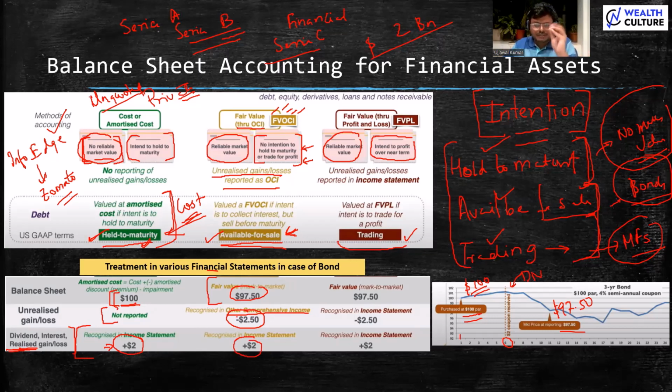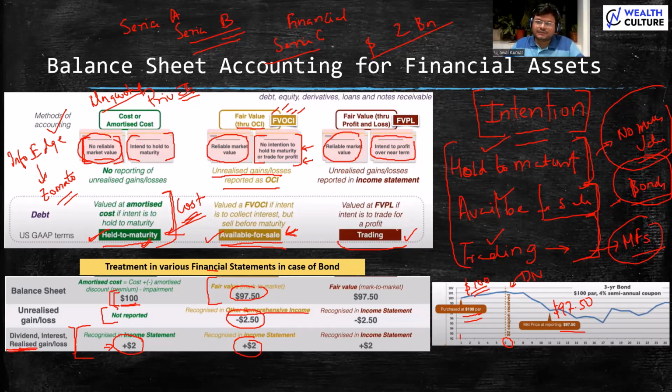So as you can see clearly, there are three statements that we are trying to understand: what will be the implication of the same instrument when we have classified it as held to maturity, available for sale, and trading, and what will be the numbers that we'll have to show in our balance sheet, in the other comprehensive income, and in the P&L, right?